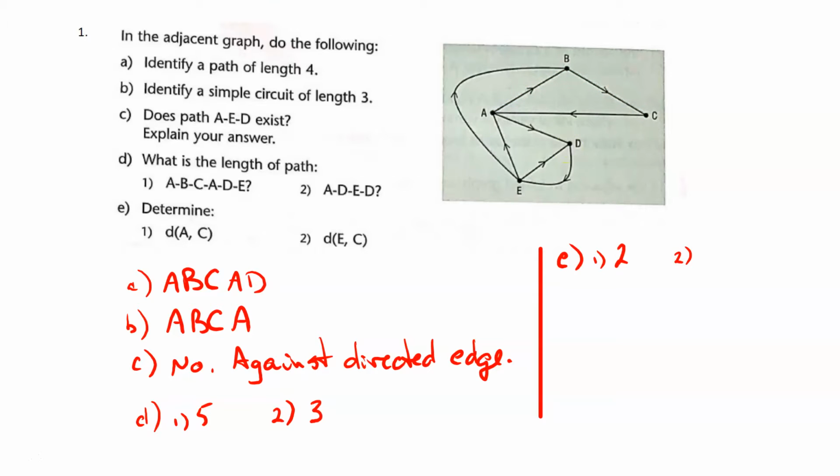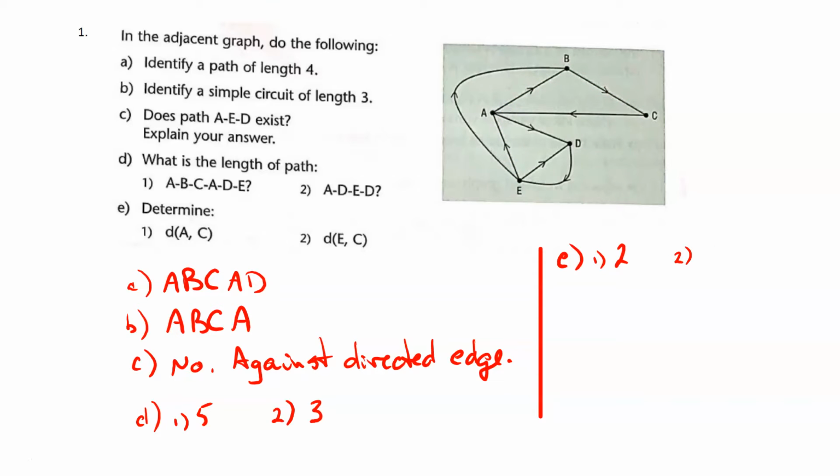Next question, what is the distance from E to C? Let's see what paths will get us there. If we start by going from E to D, we quickly run into a dead end there, so that's not going to help us because we can't go from D to A. We're going against the directed edge. So I'm going to start by going from E to A. Again, I can't go back against the directed edge here, so I have to go up to B and then down to C. So that's one possible route, and that's a distance of 3.